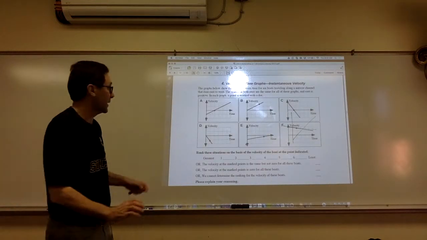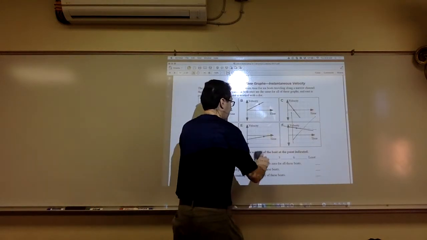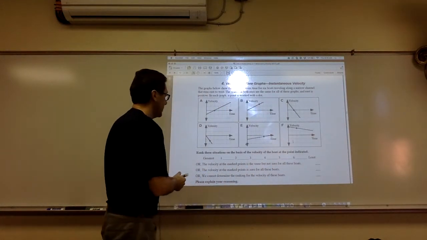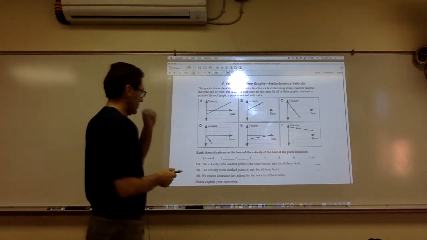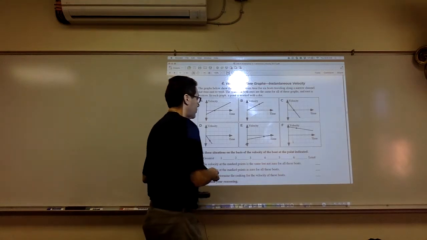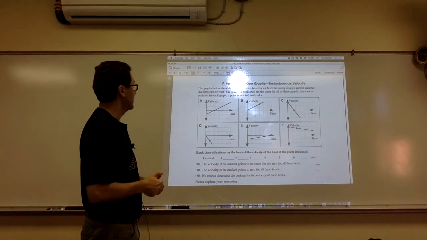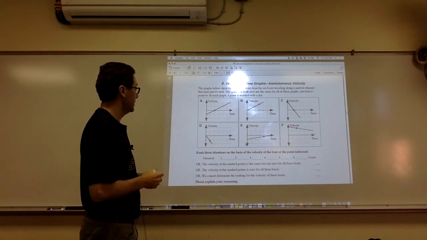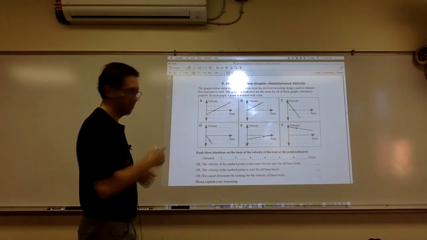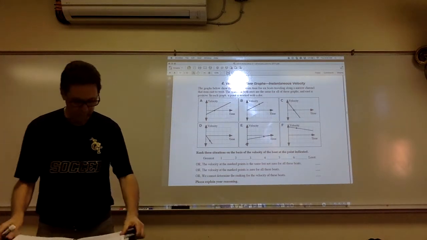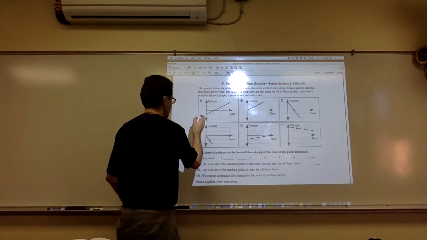Number 4, again, it's a velocity time graph. It's not a position graph. So if you want to find the velocity of the boats, you just read the values. I do have values here, I don't feel like doing them again. So this is a 0.